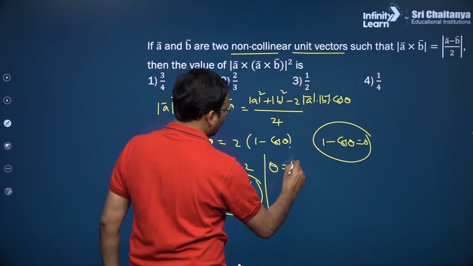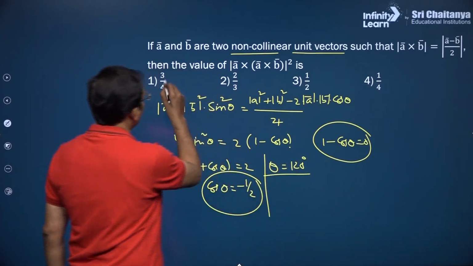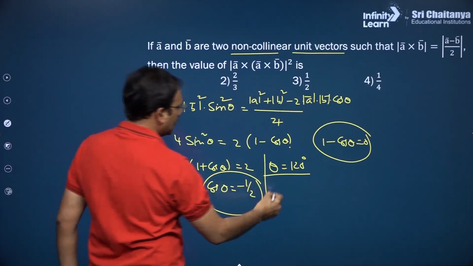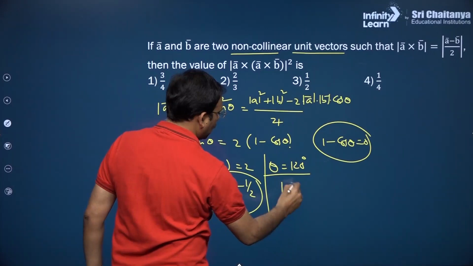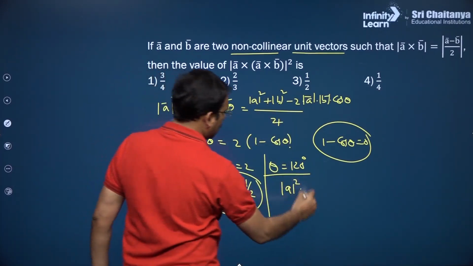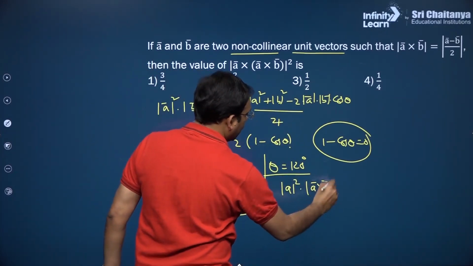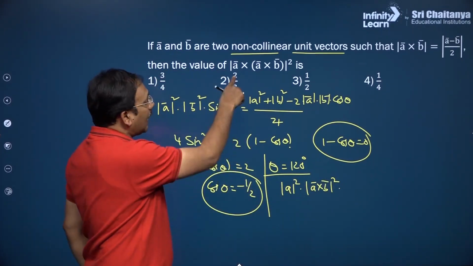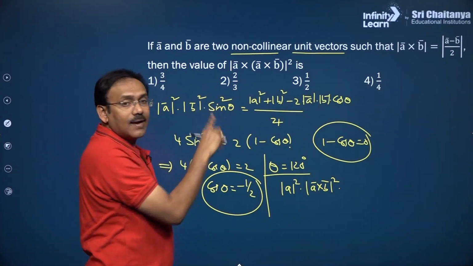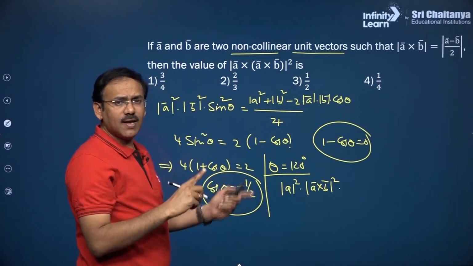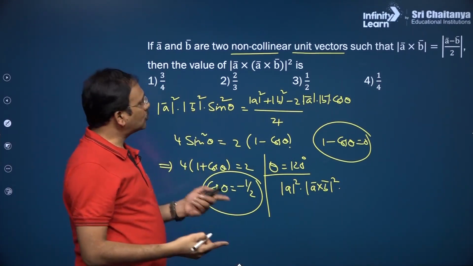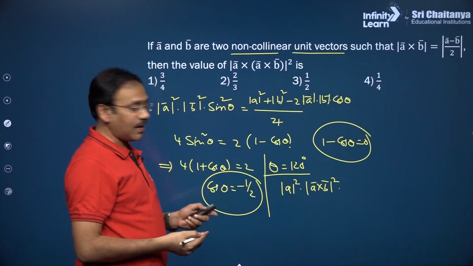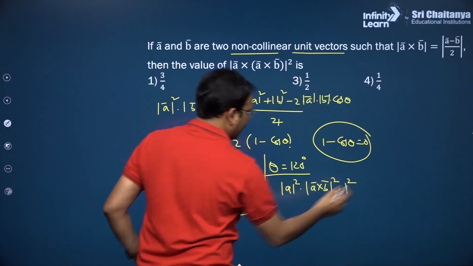If theta is 120 degrees, my dear friends, now I want this particular vector's square. So the first one is magnitude of A square, magnitude of A cross B square into sine square of the angle between A and A cross B. A cross B and A are always perpendicular, so you can say sine 90 degrees is 1 square, my dear friends.